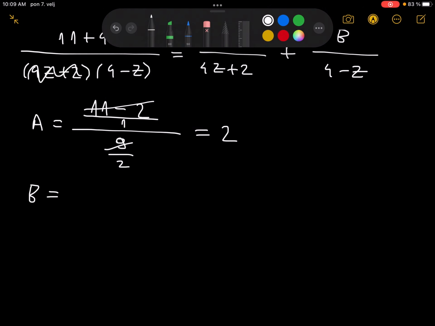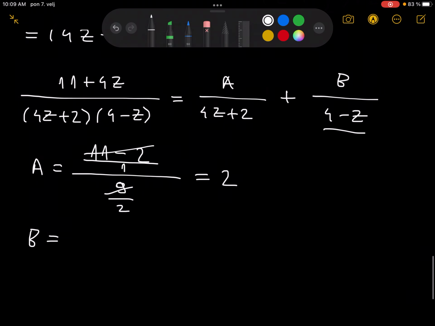And as for B, I'm just going to go ahead and say that in this case, B has to be equal to 4 in order for it to be 0.